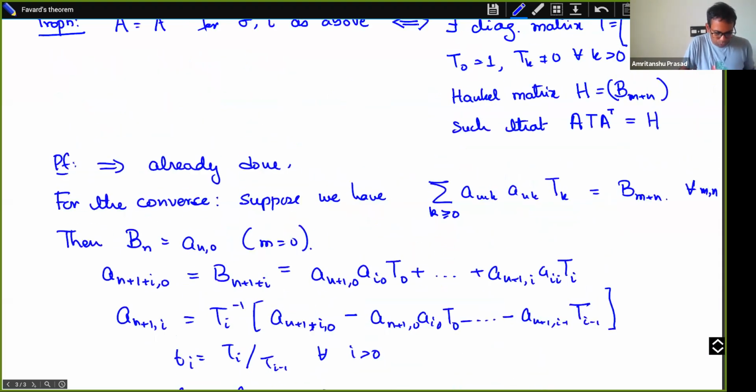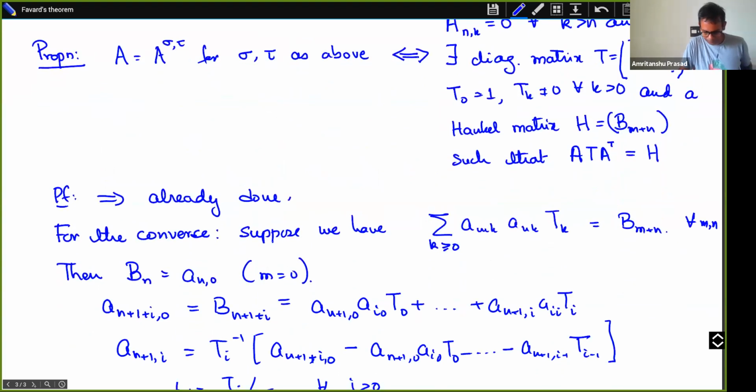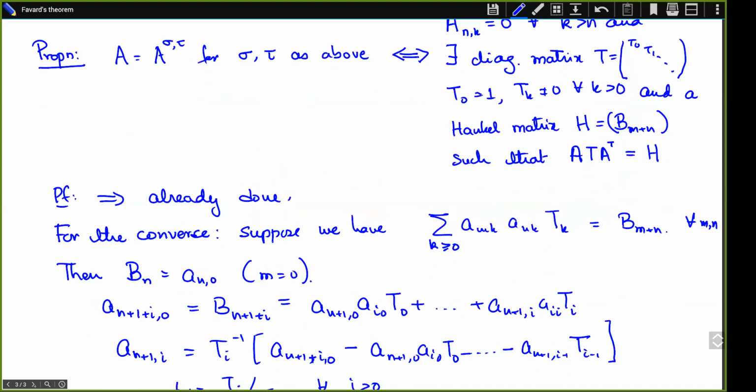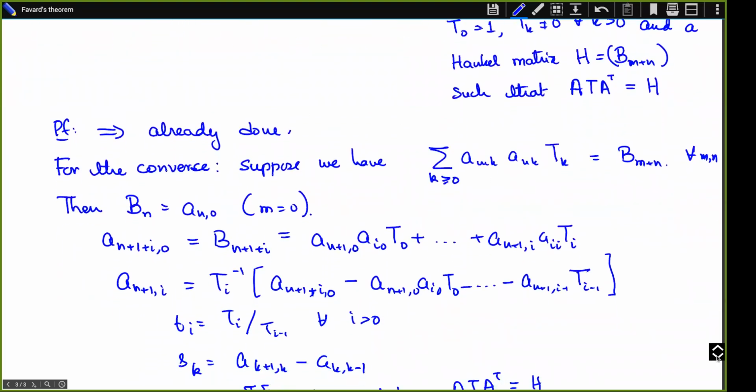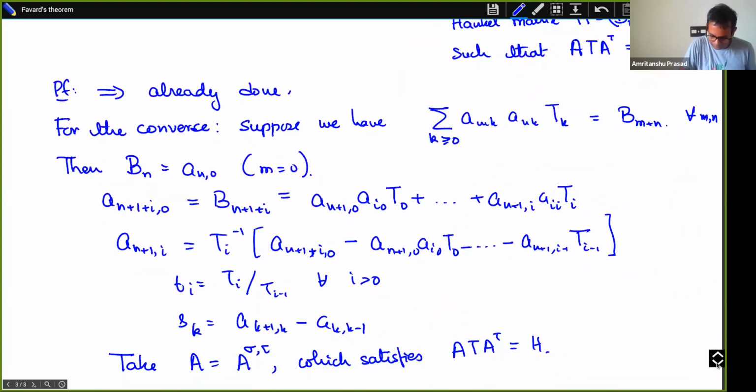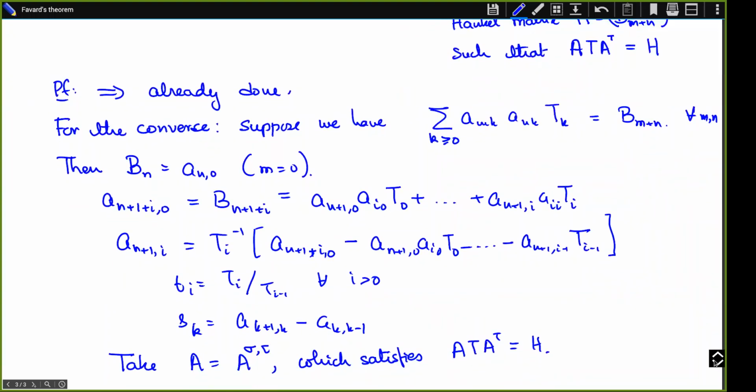So this proves this proposition. I hope this is okay. So in the expression of A_(n plus 1, i), which is Ti inverse of that thing in the bracket, there will be an A_ii inverse also.